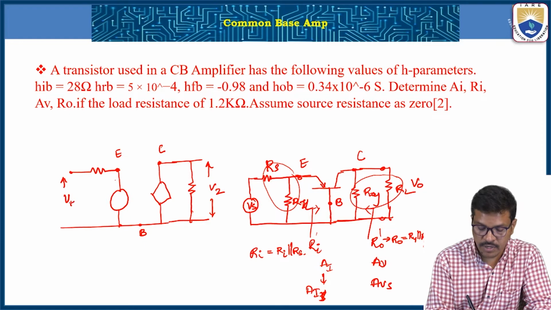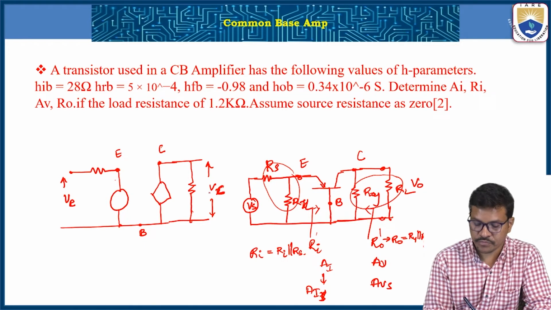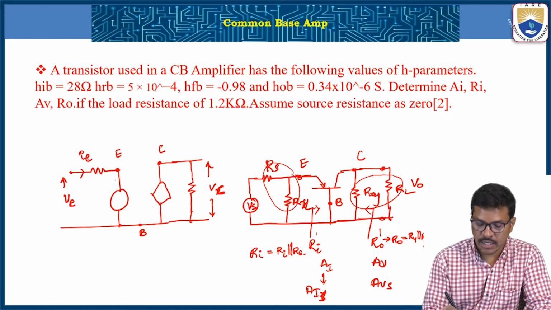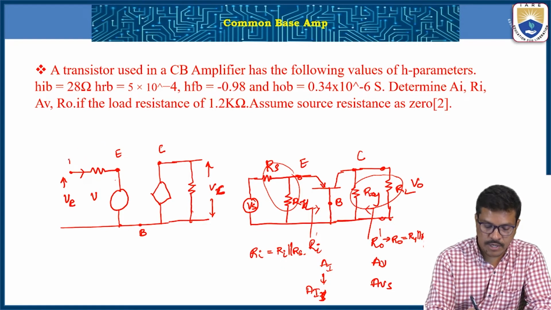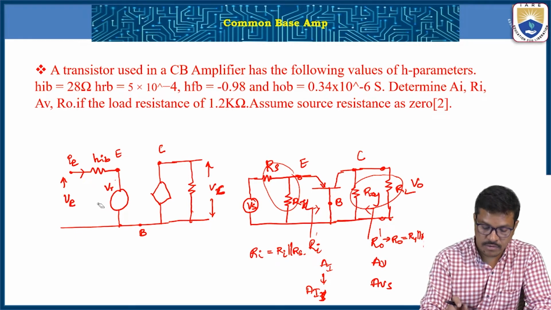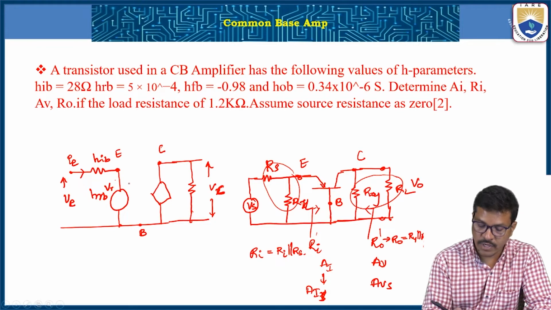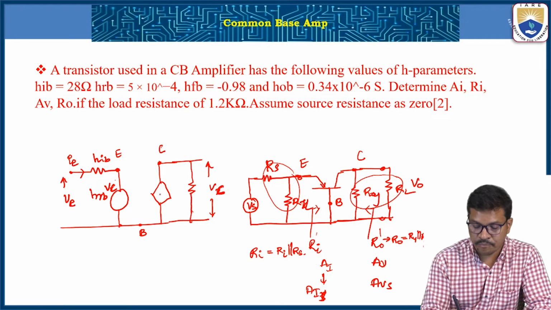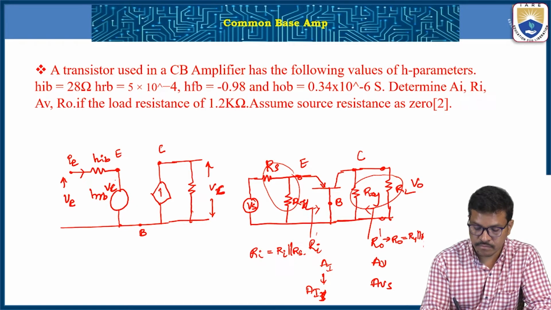The input voltage is nothing but VE, output voltage is nothing but VC, input current is nothing but IE, and input impedance or input resistance, its parameter model HIB and HRB times VC, and HFB times IE, and HOB, like that.